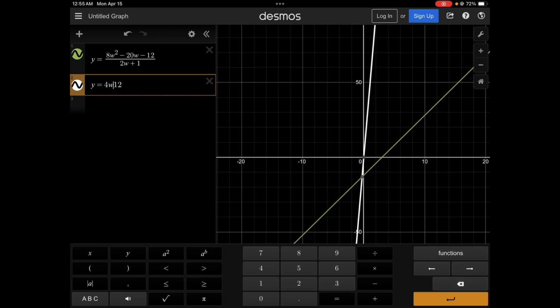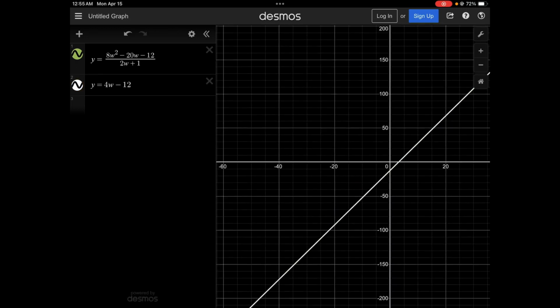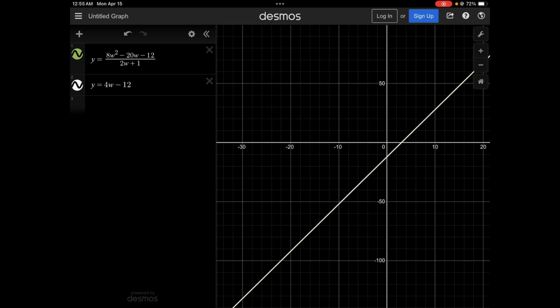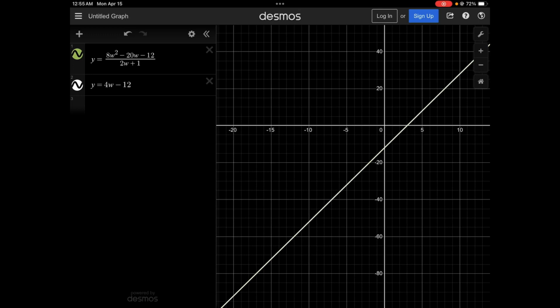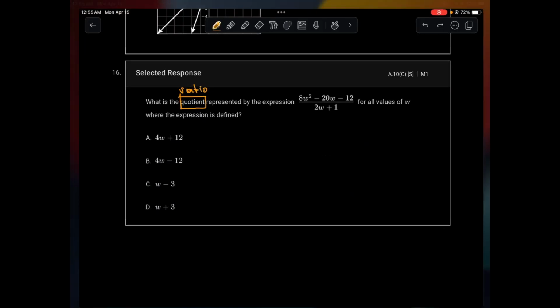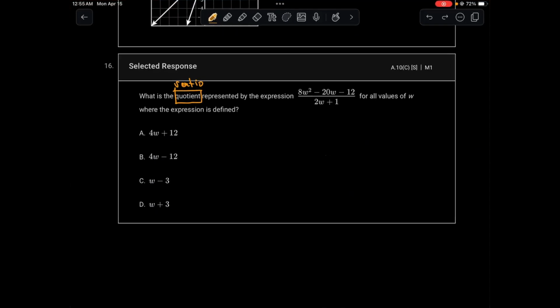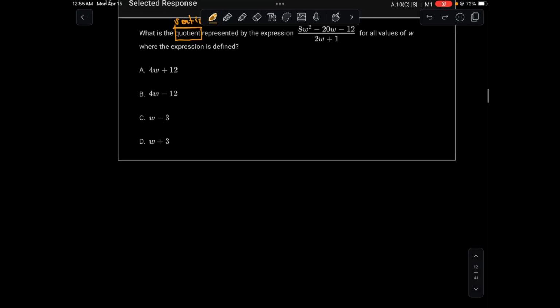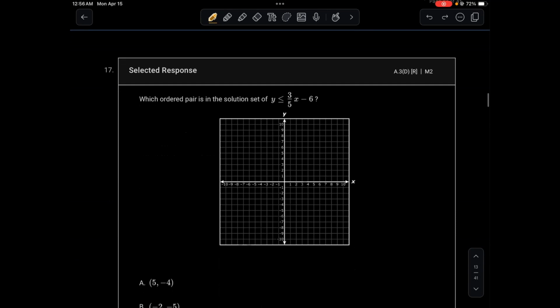What if it was negative 12? Oh, and that could be it. That's it. Okay, so it's number 2. It's option B. Okay, let's go to the next one.